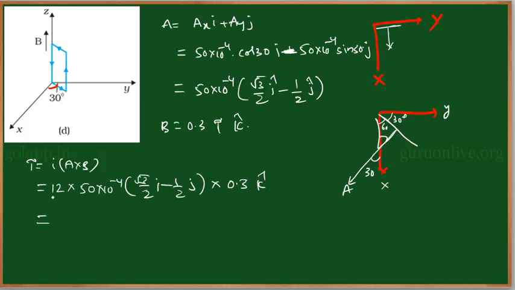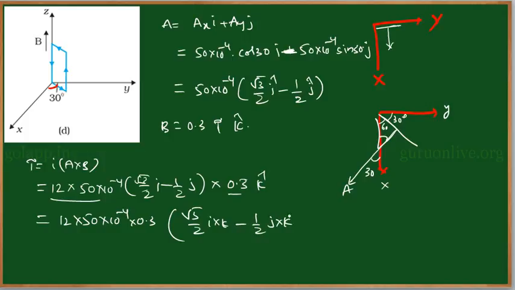Taking the constant part to one side, 12 into 50 into 10 to the power of minus 4 into 0.3 into root 3 by 2 i cap cross k cap minus half into j cross k cap. That is equal to 1.8 into 10 to the power of minus 2 into root 3 by 2 i cross k, which is minus j, minus half j cross k, which is i cap, so half into i cap.